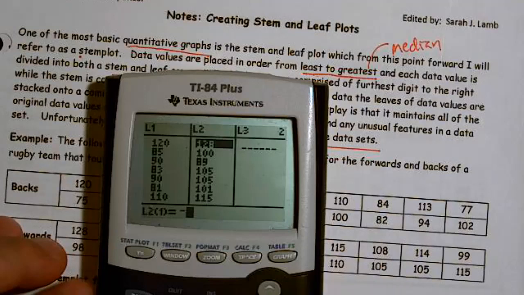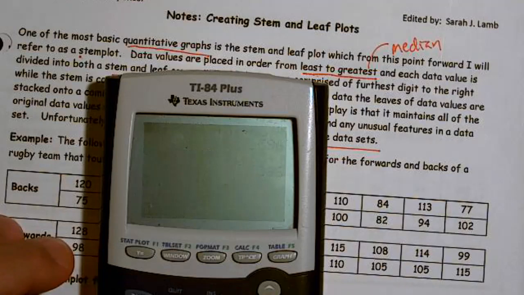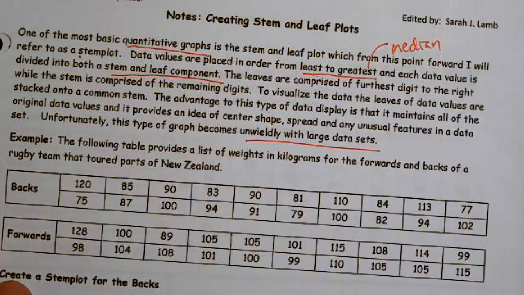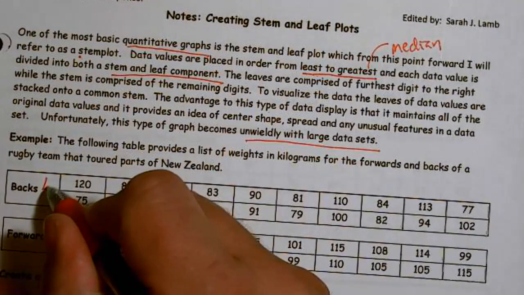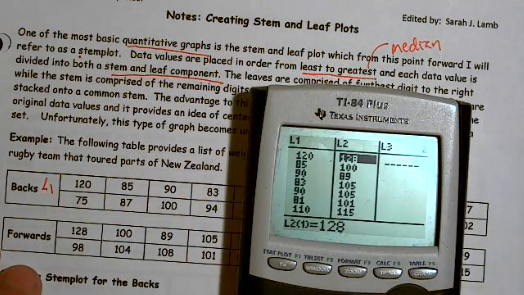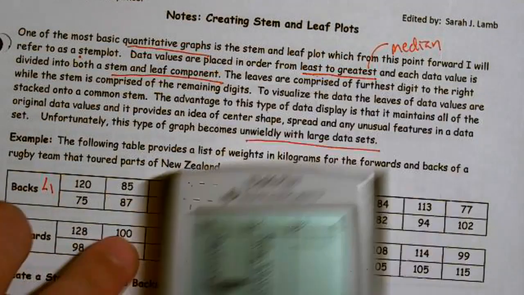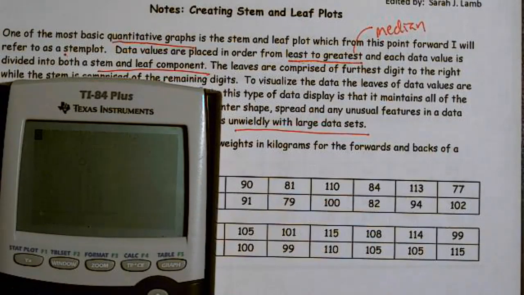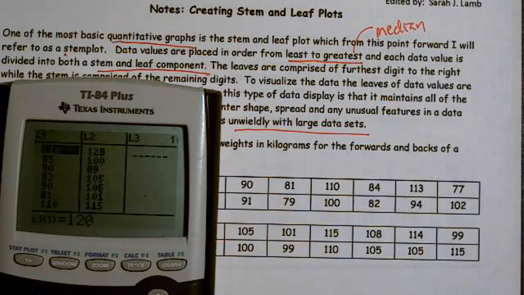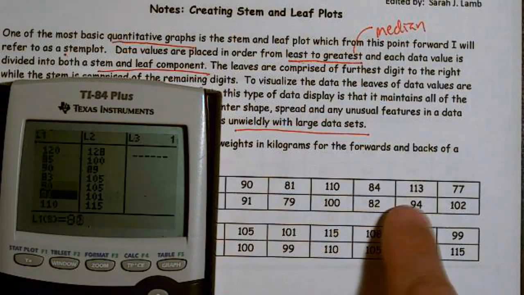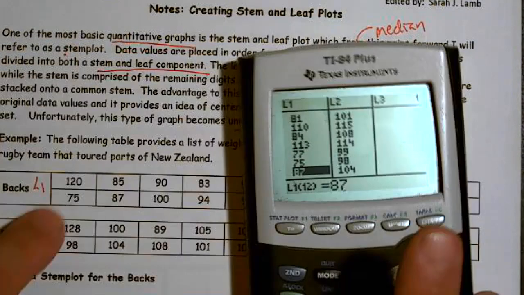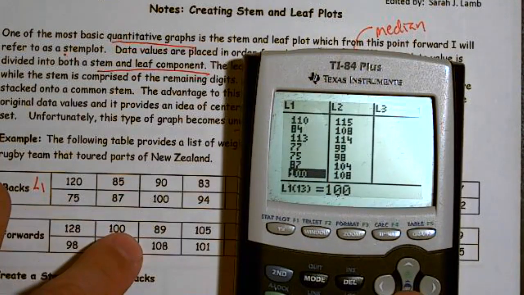So I've gone in and entered all my data. If you were to look at the backs, I'm going to look at stat edit. I put all the data through the back into L1, which means if I scroll down this L1 column, we go to 81, 110, 84, 113, 77, and then we wrap around and have 75, 87, 100.